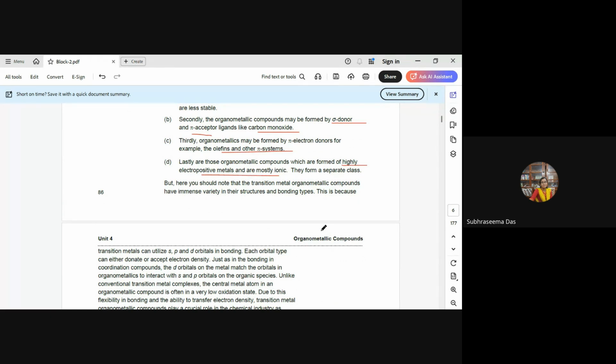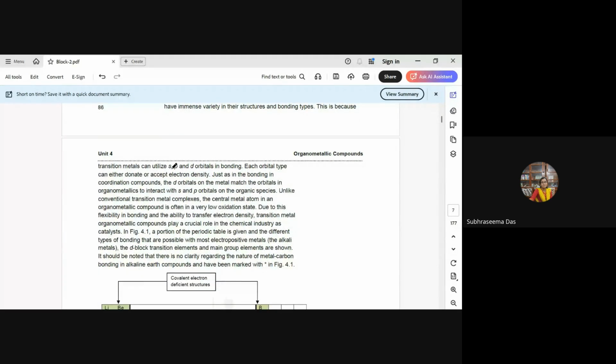Here we should always remember that transition metal organic compounds are varied in their structure and bonding types. Why are transition metals mostly present in organometallic chemistry? It is because the transition metals can use their s and p orbitals, and particularly the d orbitals, in bonding. Each orbital type can either donate or accept electron density.